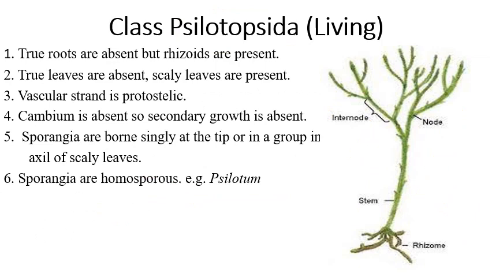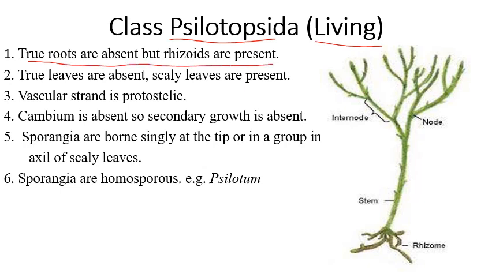Class number 2, that is Psilotopsida. This includes living members. It has more similar characteristics with the previous one, but a few differences, like the previous one is extinct and this one is living. So true roots are absent, but rhizoids are present.